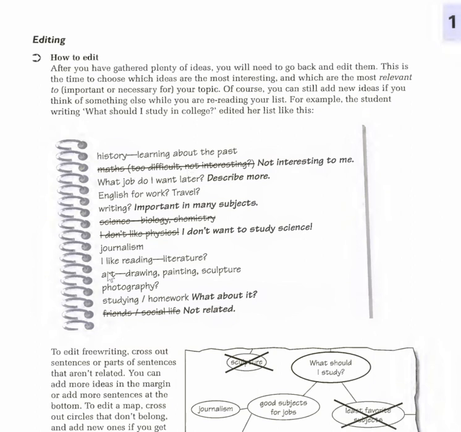If you see here, if we make a list, for example, what should I study in college? We have this idea: history, math, too difficult. I don't want to write about it. What job do I want? Science, biology, chemistry, I don't want to write about this idea.